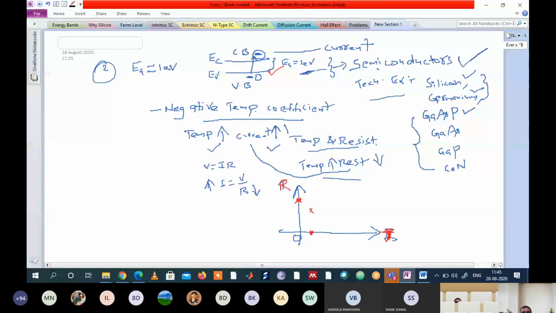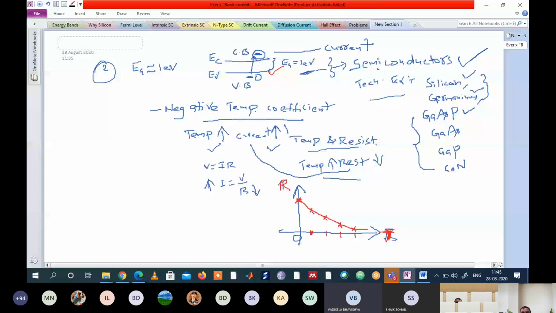Again, temperature is increasing. What about resistance? Decreases. Again, temperature is increasing, resistance decreases. See the curve? The curve goes like this. This is the curve, the relationship between temperature and resistance, which is called negative temperature coefficient. Please draw this curve, all of you.